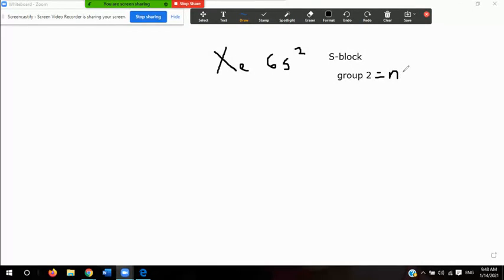It's actually the exponent, in this case the 2, that indicates the group that it's in. So with ns2, I know that it's in group 2 because this 2 right here indicates the group.